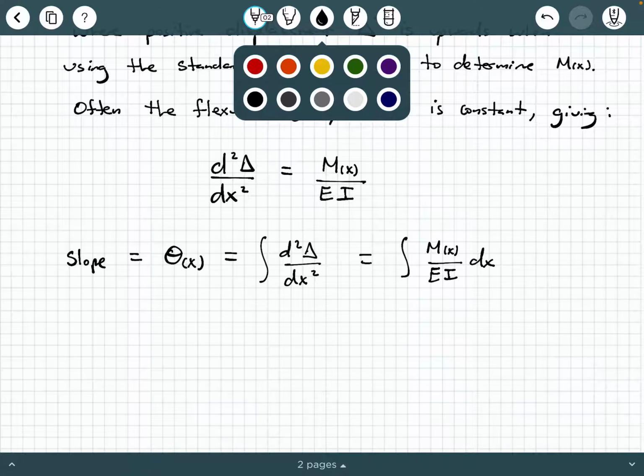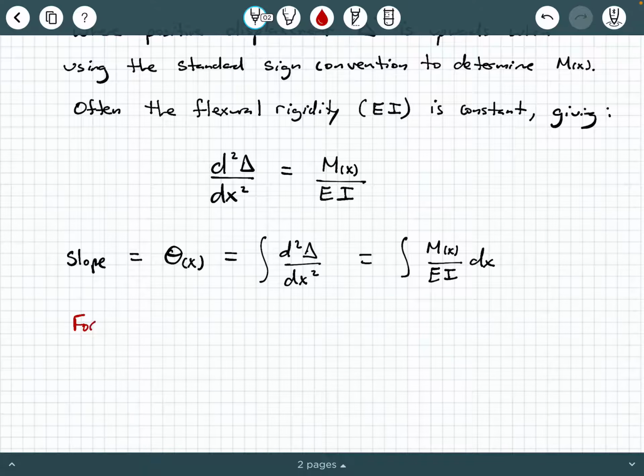So I'm going to make a note here. For EI constant, we can rewrite this as E times I times theta as a function of x equals the integral of M as a function of x dx.